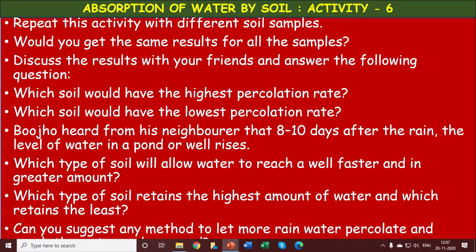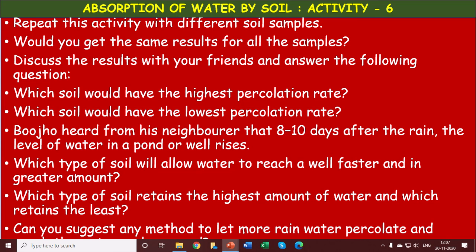So the soil with large particles will have the highest percolation rate. Which soil would have the lowest percolation rate? The soil with small particles. I am giving a clue: the soil with fine particles, more silt, has the lowest percolation rate.